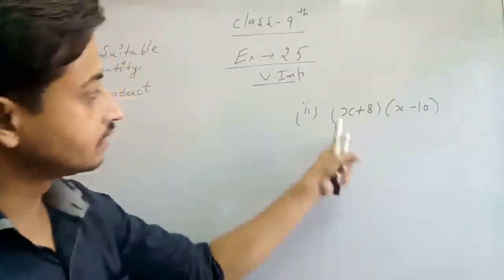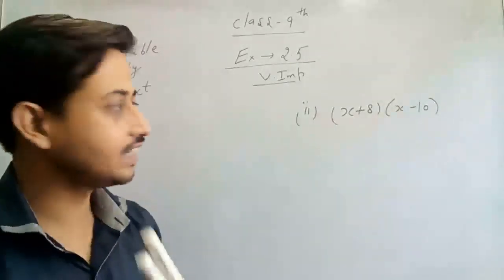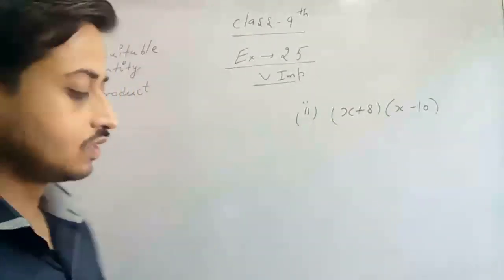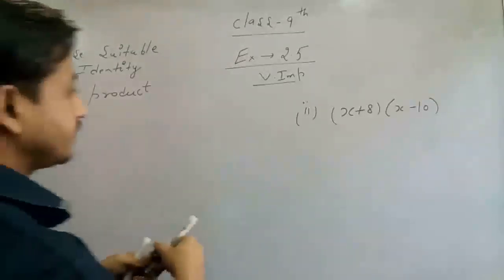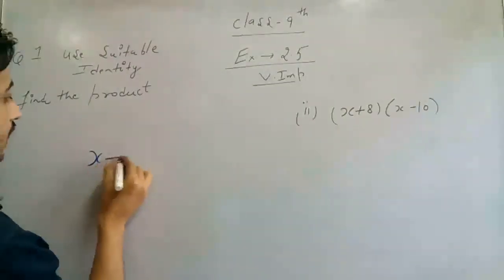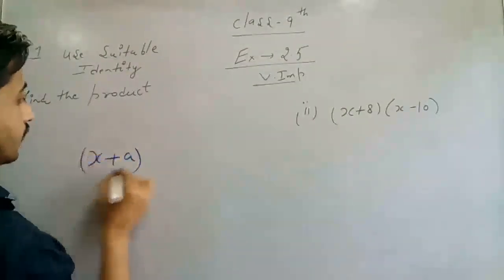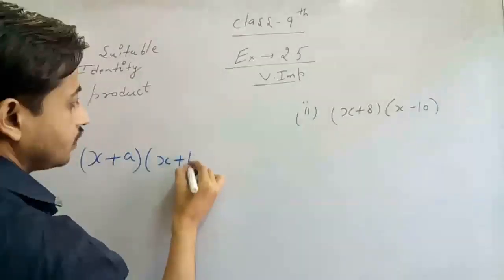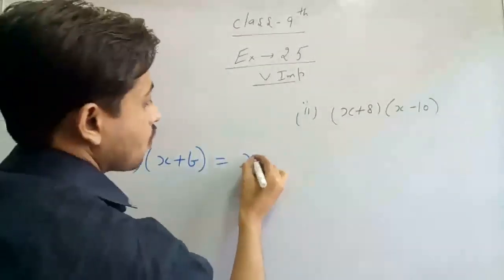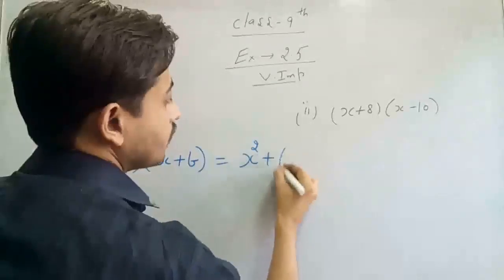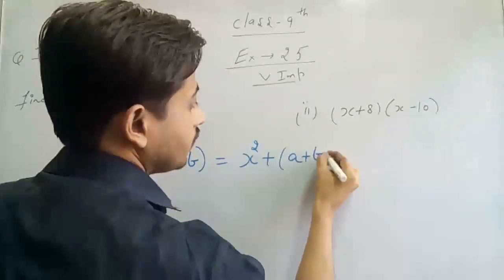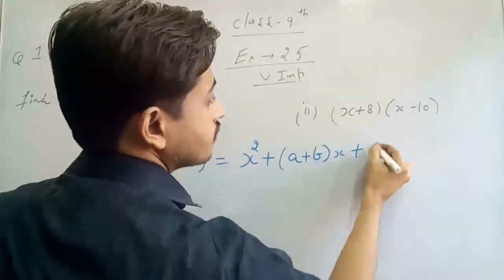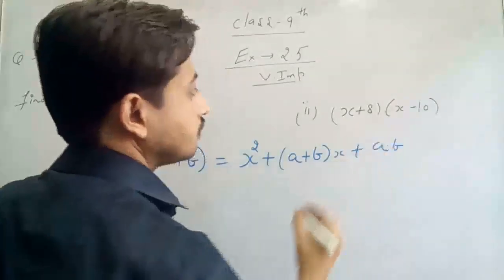Now look at the second part. Again the identity is the same. So I am writing the identity again. (x + a)(x + b) is equal to x square plus (a + b) into x plus a multiplied by b.